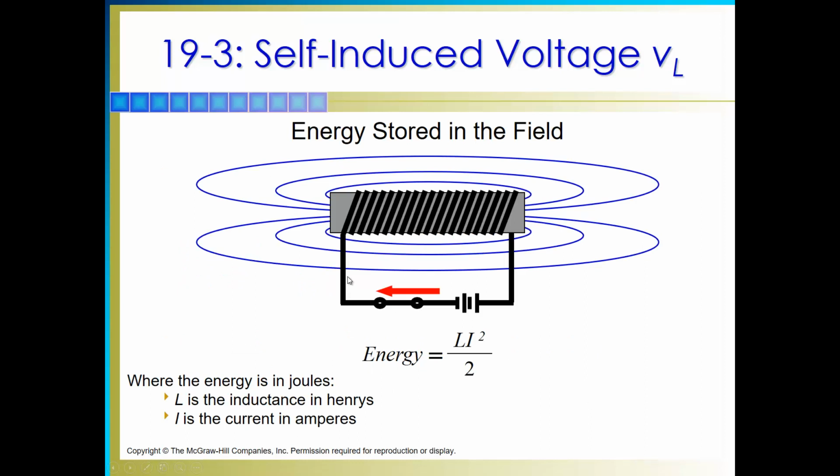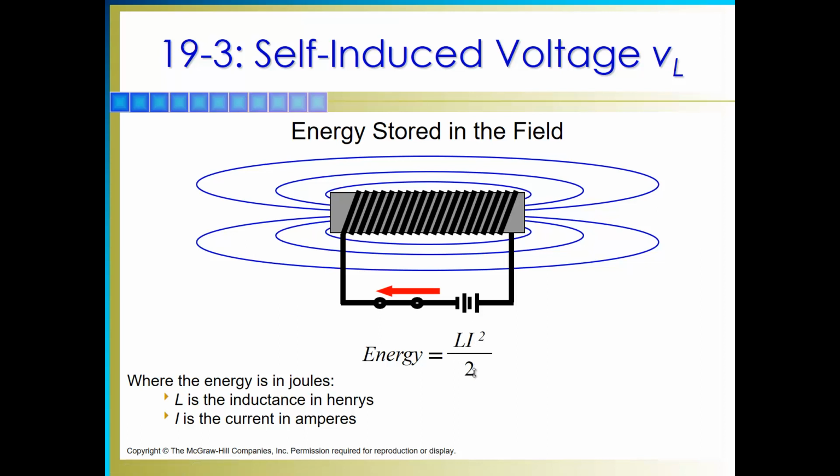Okay. So in self-inductance, energy can be stored in an inductor because of the magnetic field. And the energy that is stored in an inductor is calculated using this formula. It's going to be the inductance of the inductor times the current that's being forced through the inductor, squared, okay?